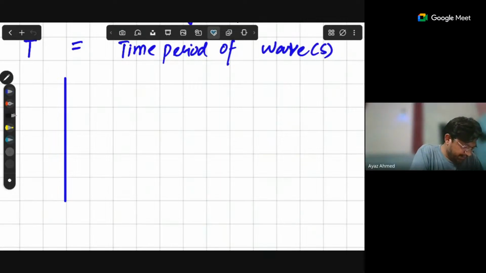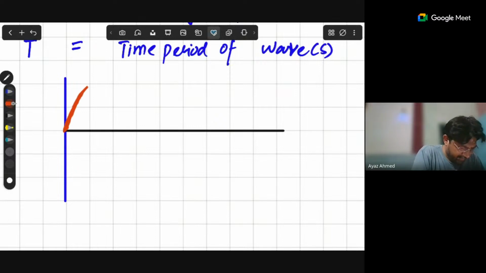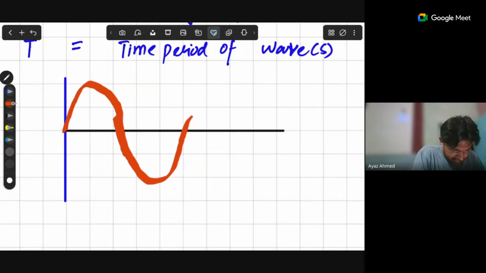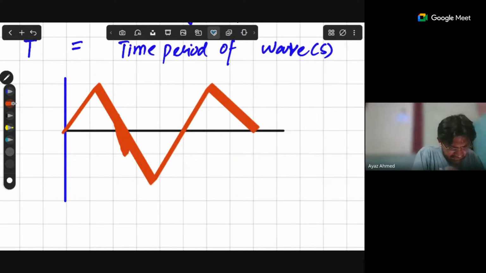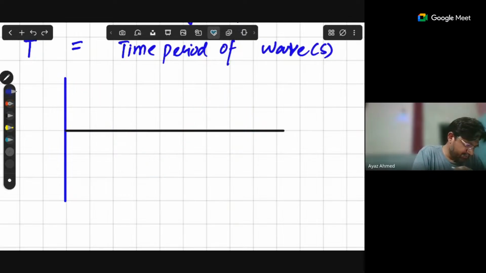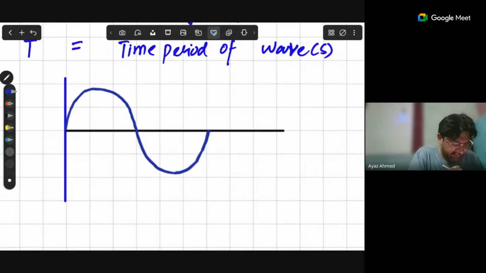For example, if I say this is the wave, this is your wave one, and then let's say I have another wave, and that wave is starting from here.